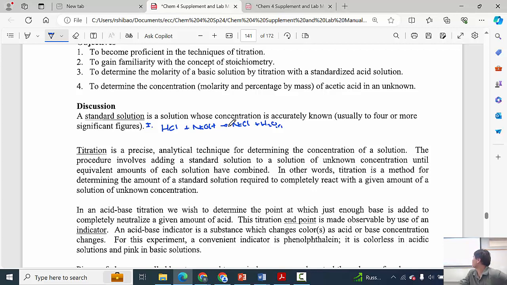And what's the driving force for this reaction? There's no gas formation. If there's gas formation, then that might give an indication.